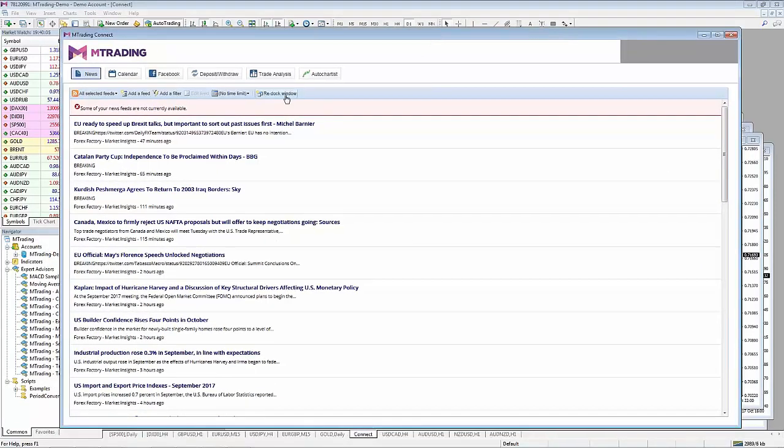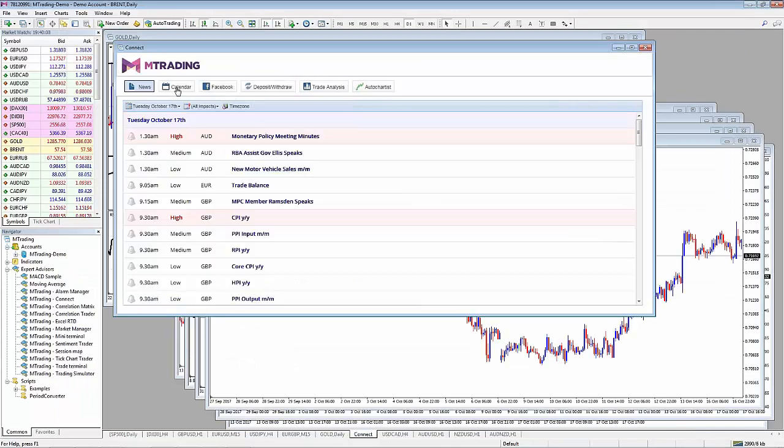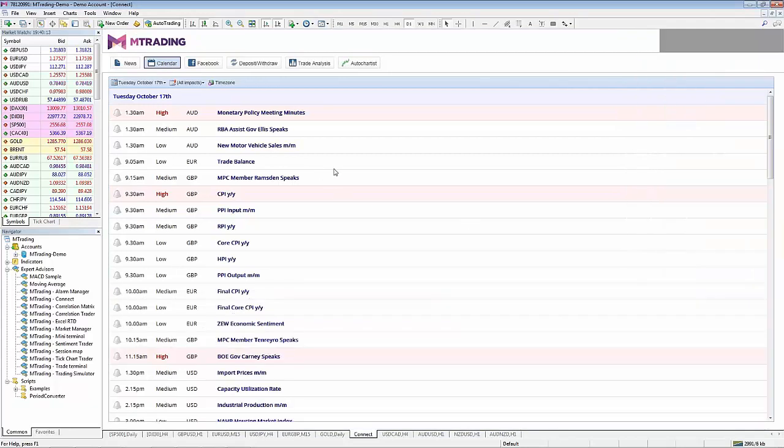In addition to that, we do have the calendar. If I just enlarge this, we have the calendar on here, which gives us the most current news that is going to be released. There's no red, orange or yellow; it tells you what is high, medium and low impact news, along with what it will have an impact on, and then you have the information itself.